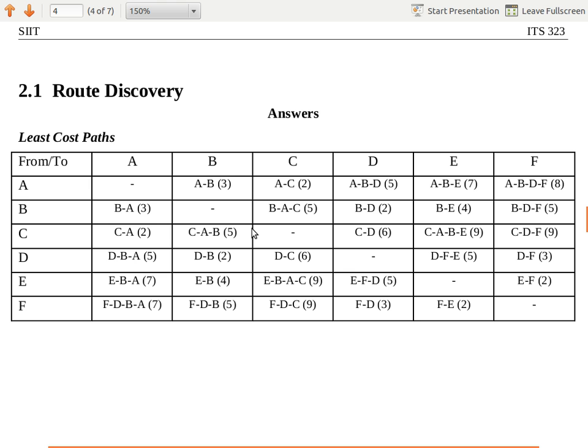So assuming we've calculated that, we've given IP addresses to all of our devices, we've found the least cost paths between routers. Now what I'd like to do is create the routing tables for each of the devices. Let's try and do that.